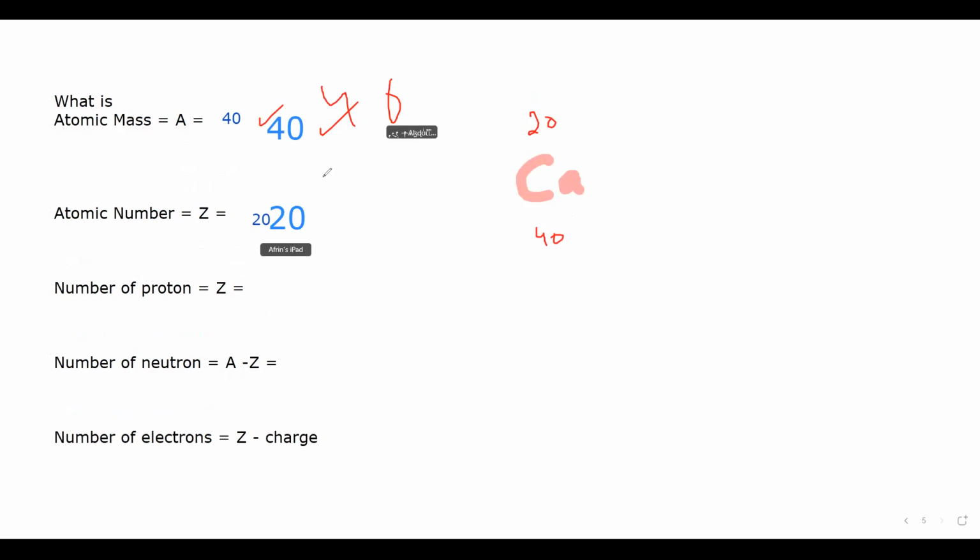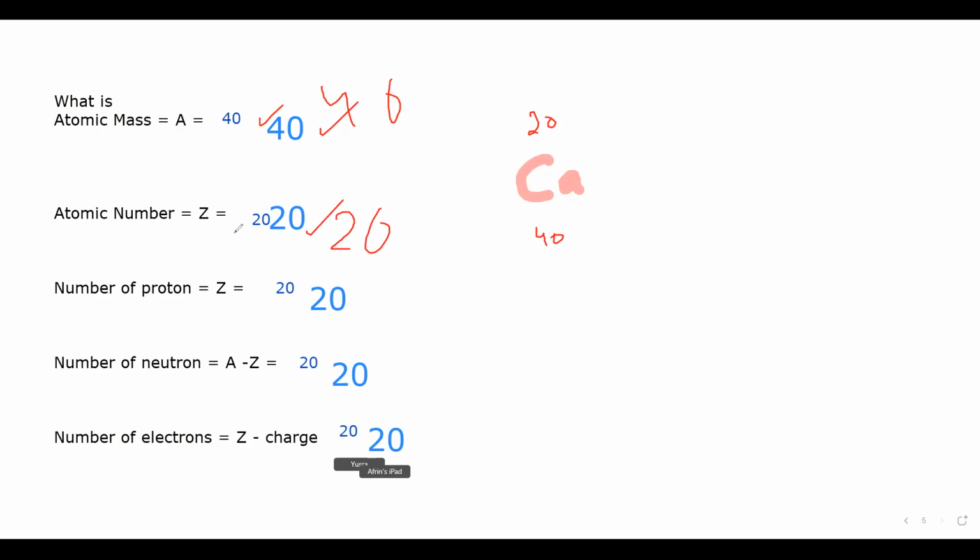What is atomic number? You can type, Abdullah Sarfraz, because when you're typing, it is easy to read sometimes. But it's okay, this time you're using screen annotation, but you can type. To get the number of protons, that is equal to Z, that's right. To get the number of neutrons, it is A minus Z.